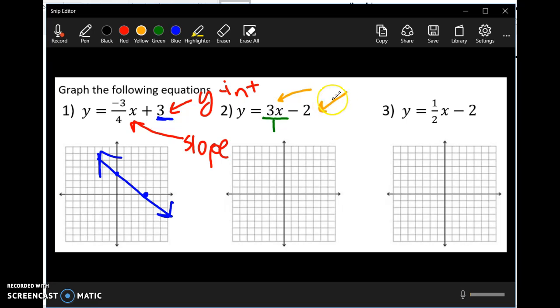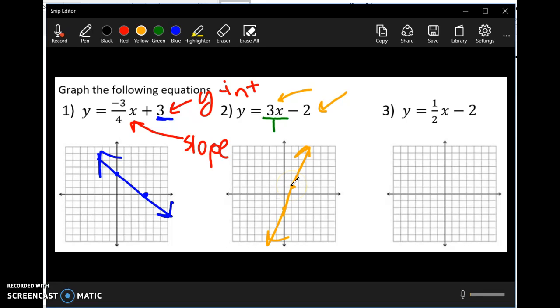So I'd graph my y-intercept, which would be down 1, 2. And then my slope tells me that what I want to have is 3 over 1. So I want to go up 1, 2, 3, and over 1. And there's my new point, and I can draw a line through it.